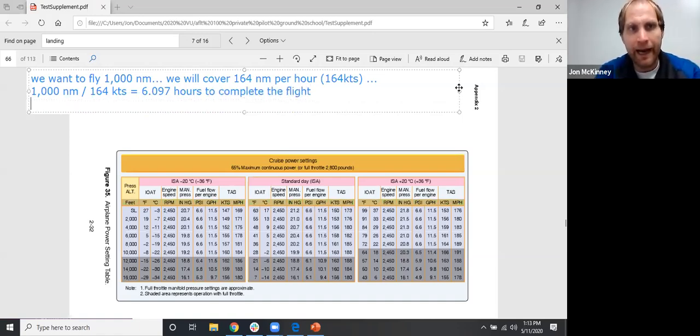Okay? And we will burn fuel at a rate of, my scratch paper says 11.5 gallons per hour.